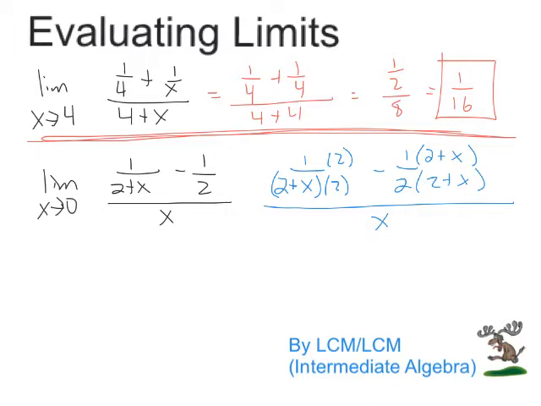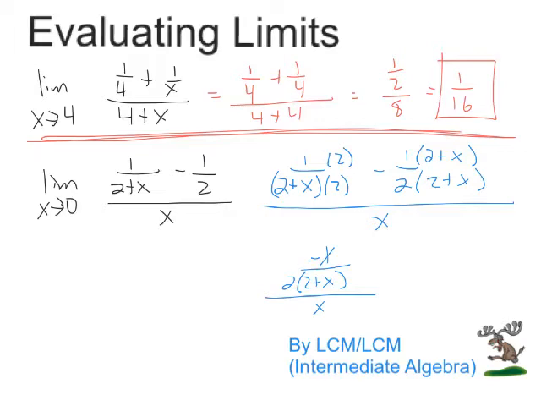Then if we start to simplify this down, we're going to get 2 minus 2 minus x. So the numerator simplifies to negative x over 2 times 2 plus x, and the denominator stays as x.